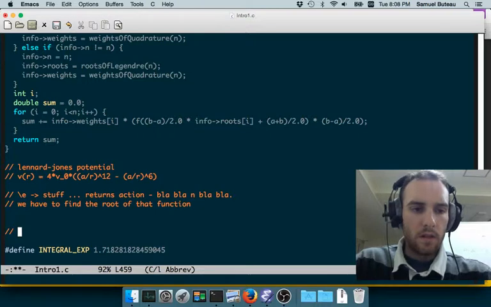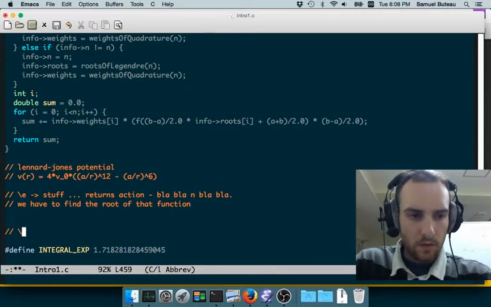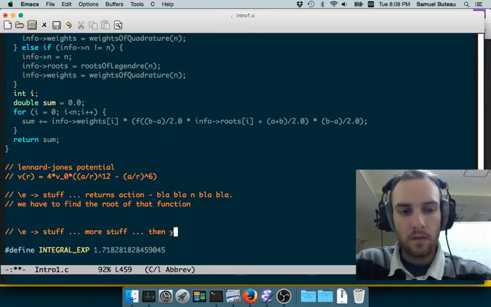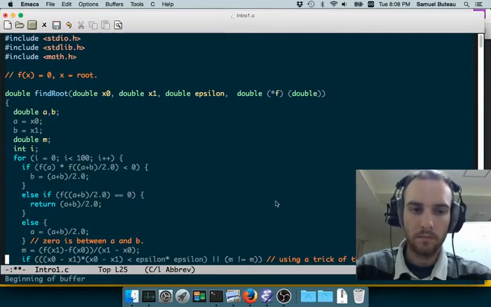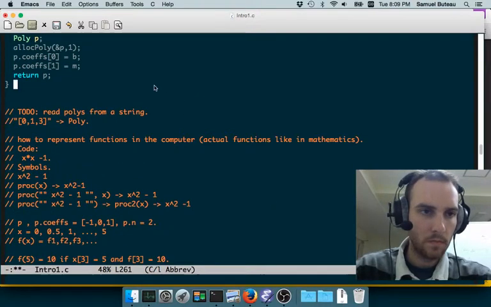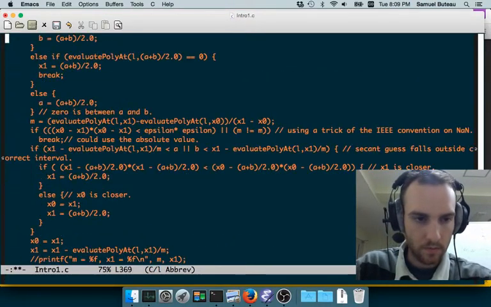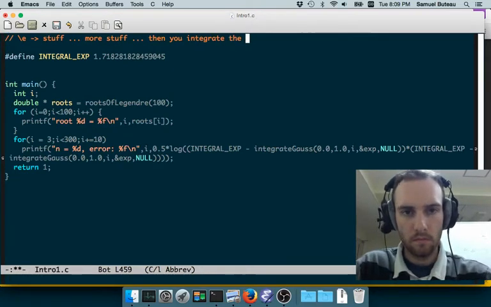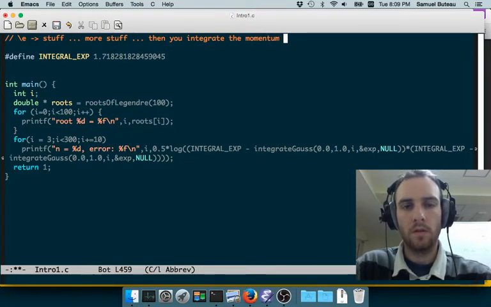But the first thing you have to do, so E, you do stuff, more stuff, then you integrate the momentum from RA to RB.